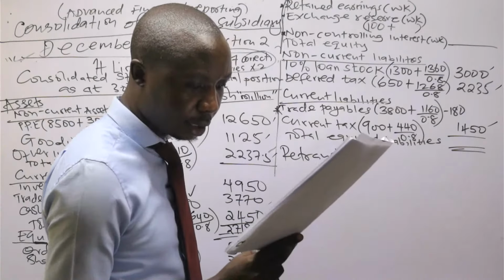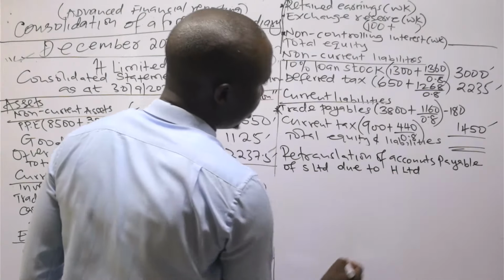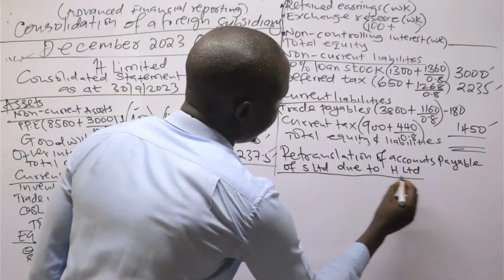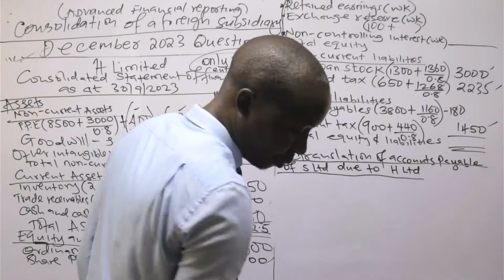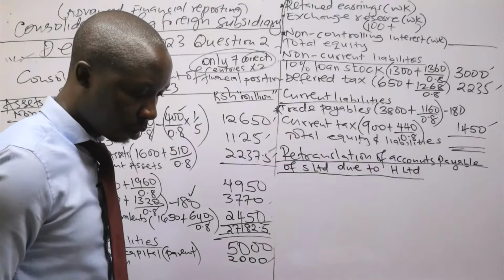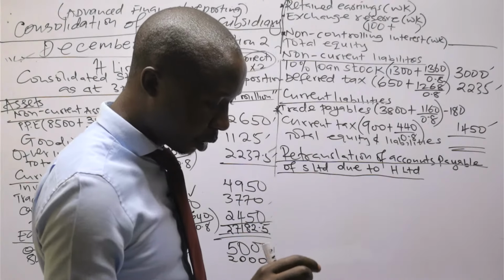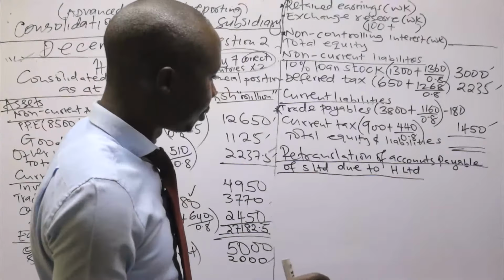So the retranslation of accounts payable of S Limited due to H Limited, that 180, because they said the accounts payable is still recorded at the rate of exchange that prevailed as at the date of the transactions. So what am I supposed to do here?